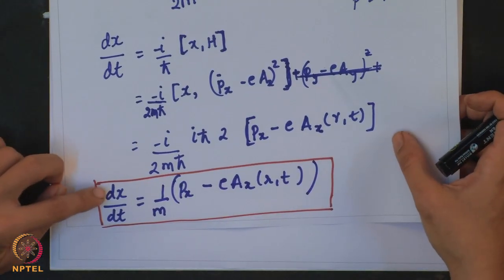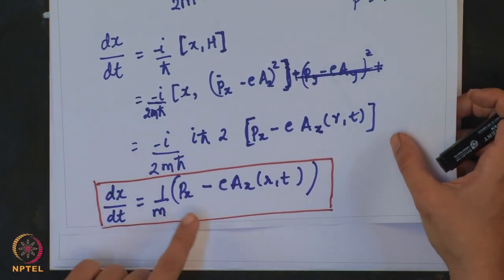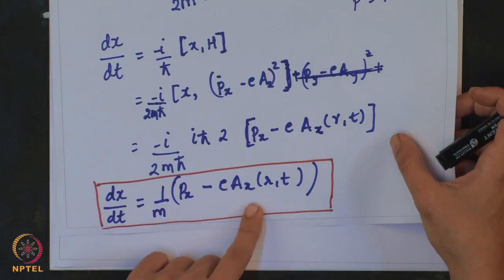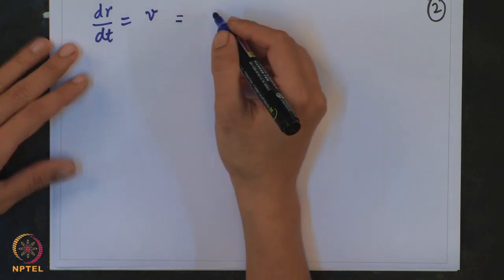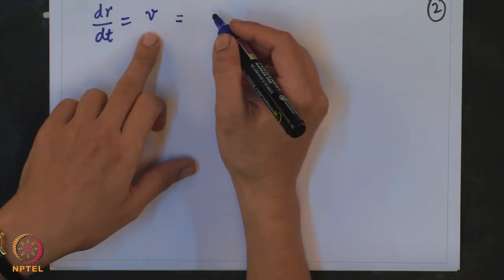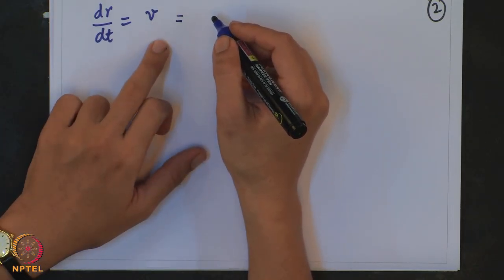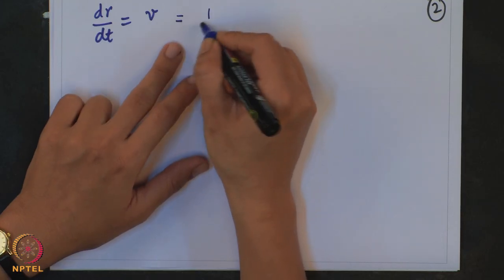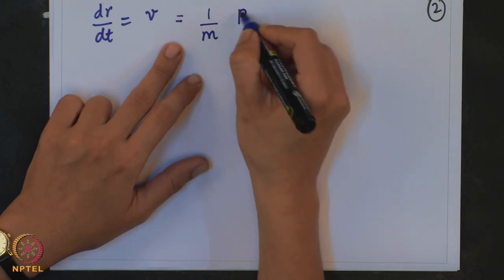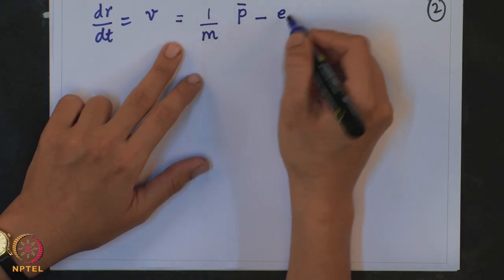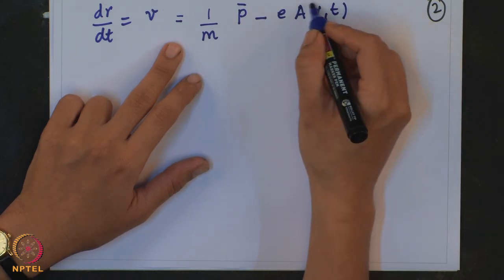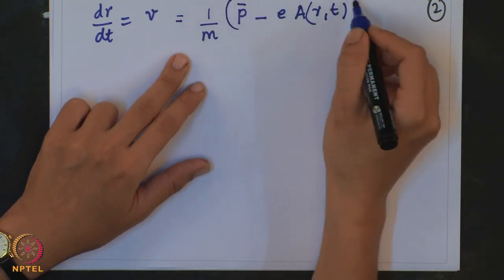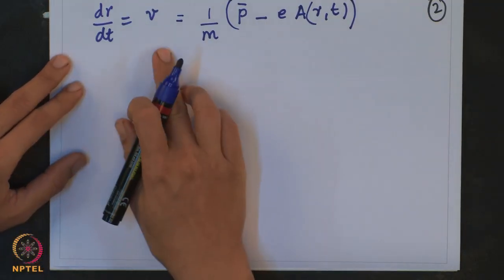If I do it for the vector r, I will have p minus EA. There will be a time dependence, which I can write as p minus EA(r, t). This is what I obtain for the velocity.